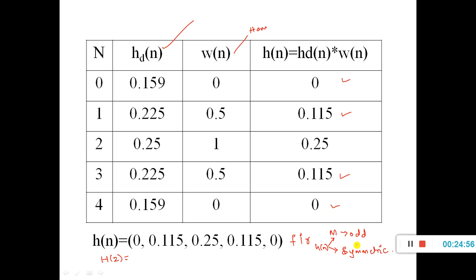When h of n is symmetric and m is odd, we have already derived that h of z, or h of omega as I call it, is equal to h of (m minus 1) by 2 plus 2 times the summation from n equal to 0 to (m minus 3) by 2, when m is odd.